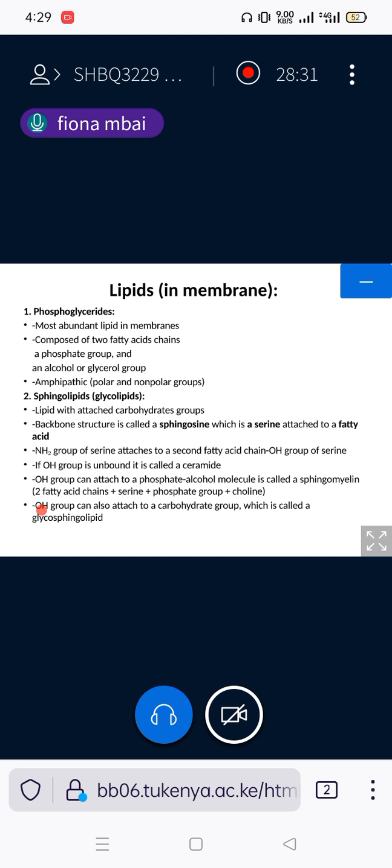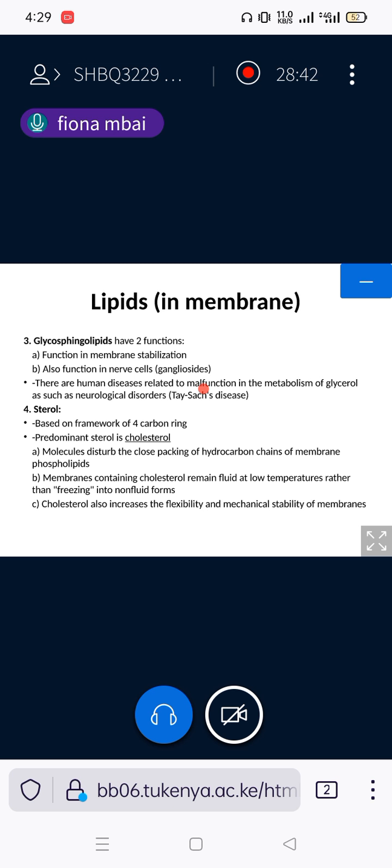The hydroxy group can also attach to a carbohydrate group, which is then called a glycosphingolipid. So lipids in membranes also include glycosphingolipids, which have two functions. The first is in membrane stabilization, and also they function in nerve cells in the gangliosides, which you did in anatomy, I believe, and also physiology.